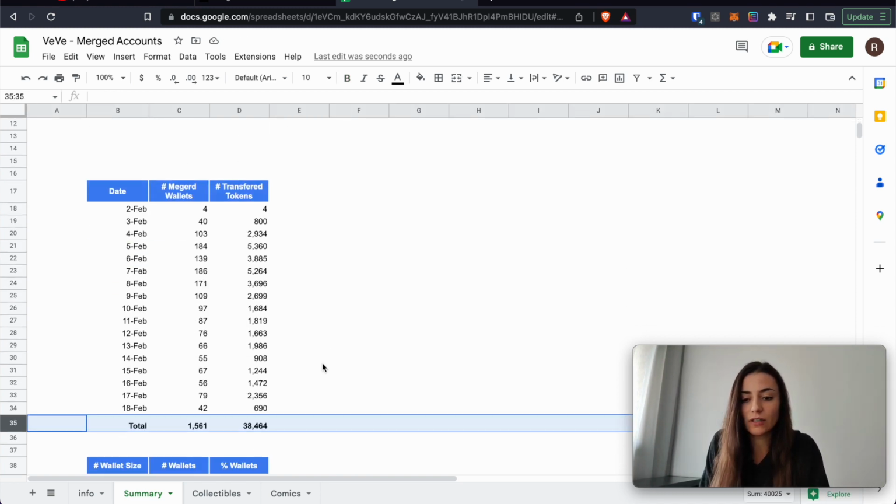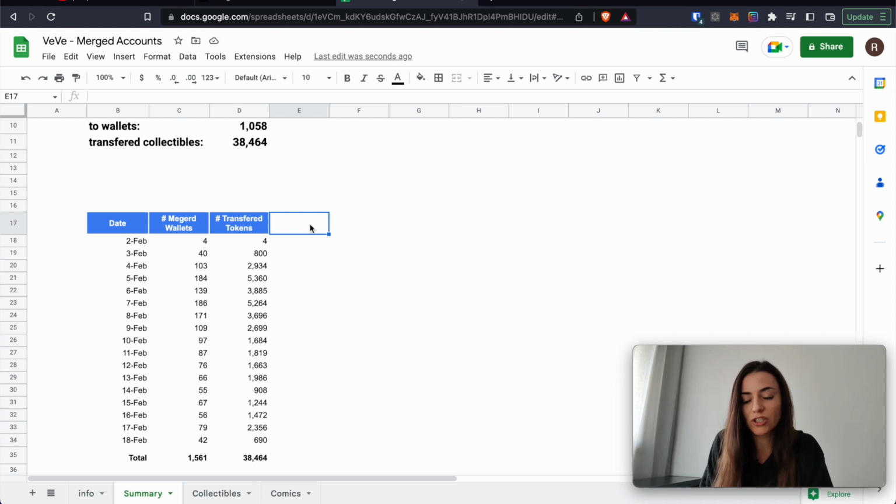So looking at it on a timeline, as I said, I pulled the information since the beginning of February, because basically this feature went live, I think, on the 3rd of February for everyone. Obviously, before that, we had some beta testers that tested those features. So we see on the 2nd of February, there were 4 merged wallets, each wallet only transferring 1 token. But all in all, the main event started from February 3rd.